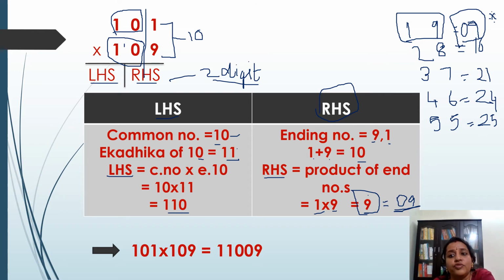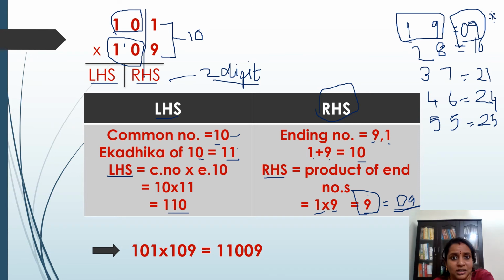So it is very important to remember that when we are getting 1 and 9 as the last digits, with the initial digits common, and we are going to apply the last totaling sum 10 method, then we have to add a 0 before the 9 in the RHS. This is a mandatory thing.